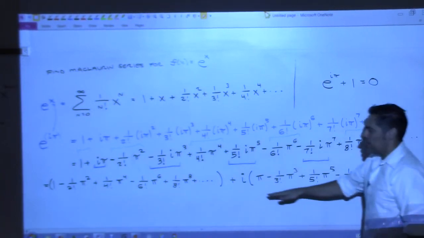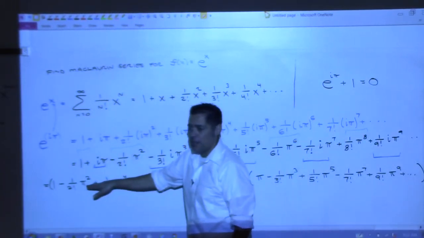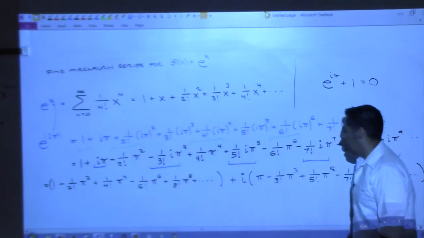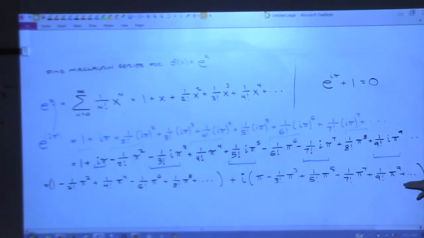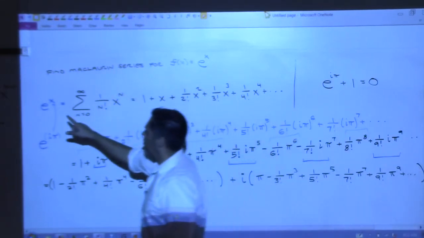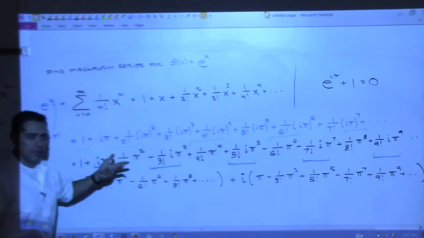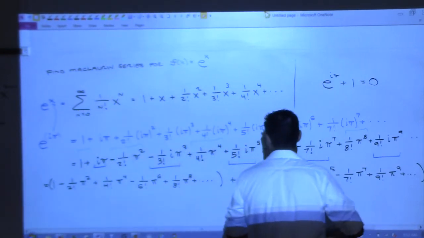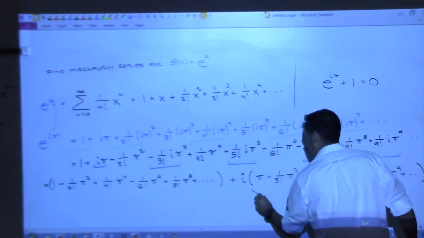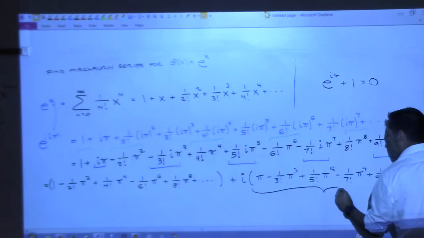Notice that these are all evens, even powers of pi, right? Even powers of pi. And these are all odd powers of pi. So, sine of x gives us all the odd powers, right? So I want to see if I can convince you of this real quick. This right here is odd powers.